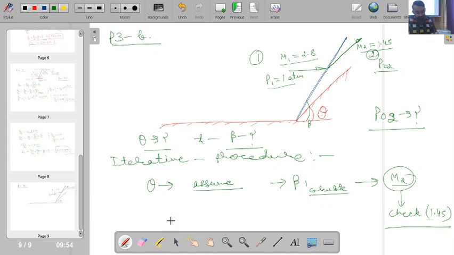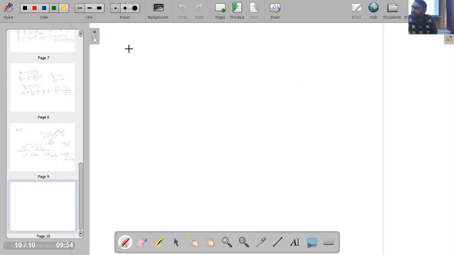So let me make a table. This is corresponding to theta, then corresponding to this theta I will get a beta. This is in degrees, this is in degrees, and then corresponding to this beta I will get some value of Mn1. Using that, Mn1 will become nothing but M1 sine beta.